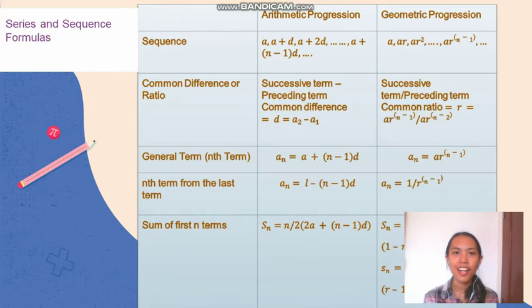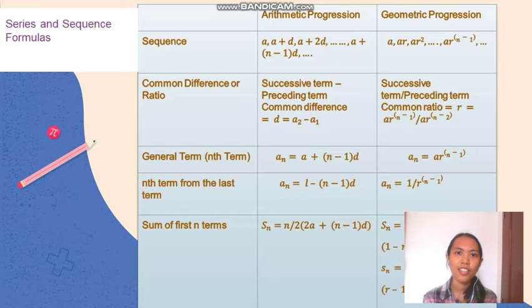So next we are studying about series and sequence formulas. There is a list of some basic formulas of arithmetic progression and geometric progression below. Here A is the first term, D is the common difference, R is the common ratio, N is the position of term, and L is the last term. So the first one is sequence.